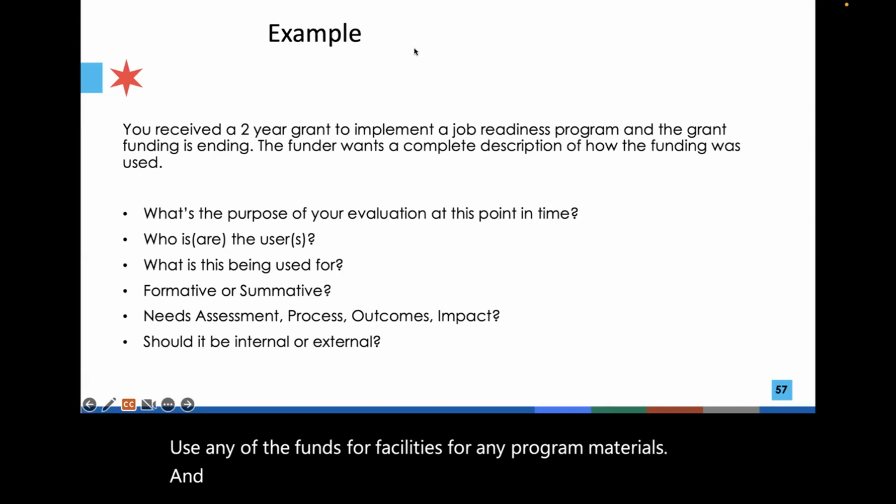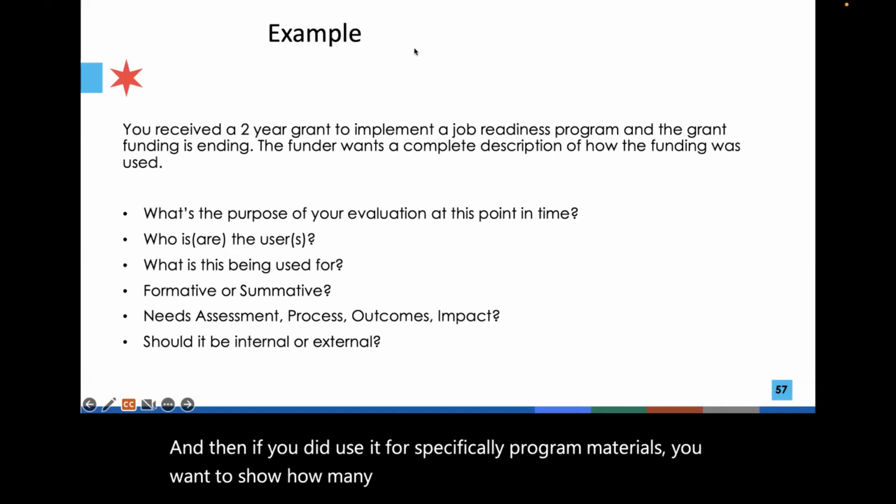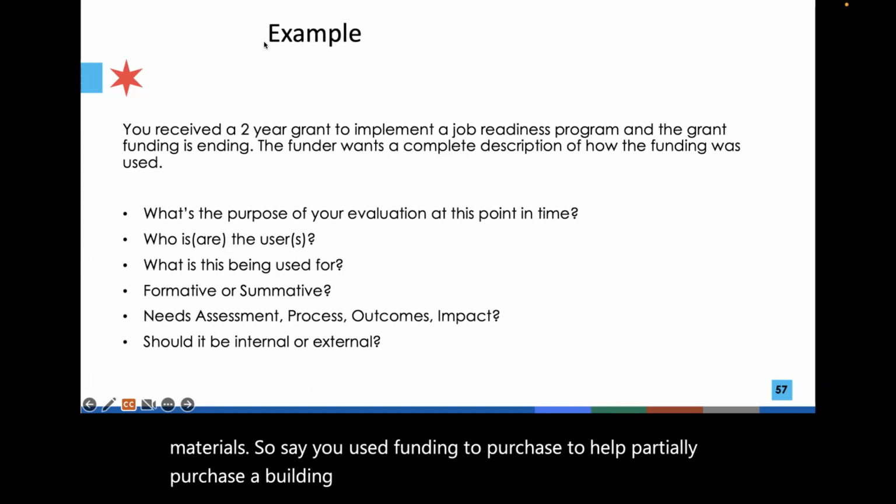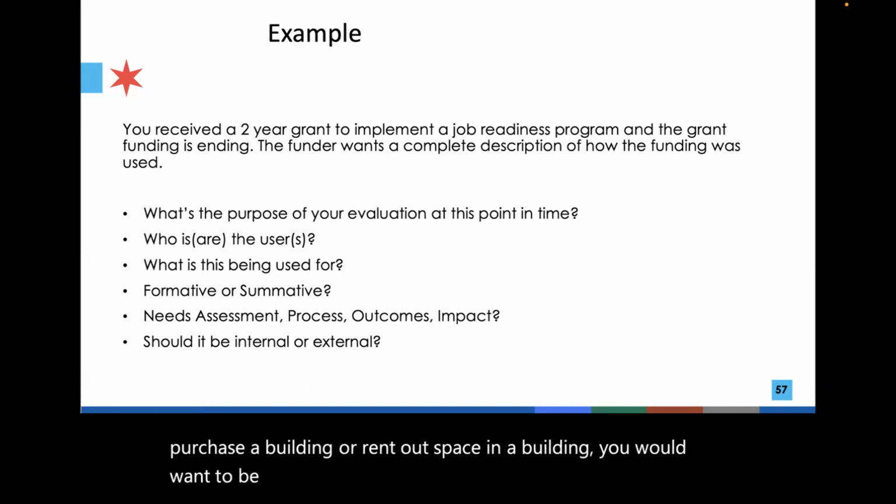And then if you did use it specifically for program materials, you would want to show how many individual people benefited from those materials. So say you used funding to help partially purchase a building or rent out space in a building, you would want to be able to demonstrate how many people were able to attend whatever services you housed there.